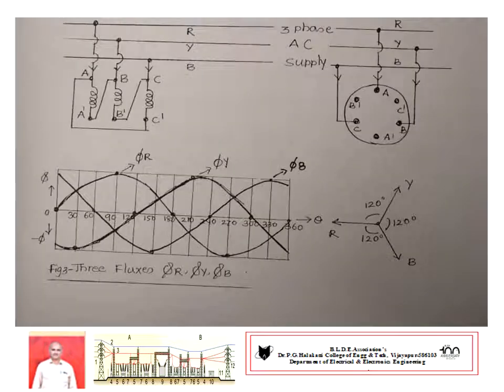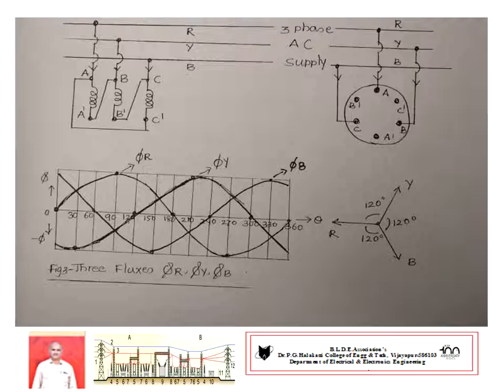Now we can consider A dash as one coil, B dash as another coil, C dash as another coil. That means the stator windings are connected in delta. This delta connected three-phase induction motor is connected to the three-phase AC supply RYB lines as shown in the above figure.